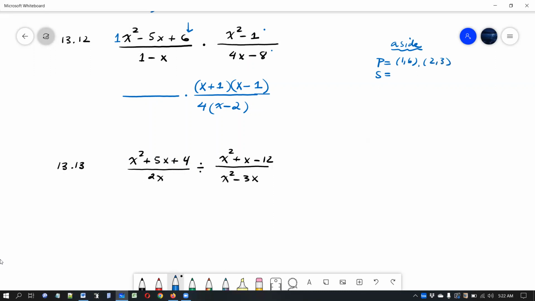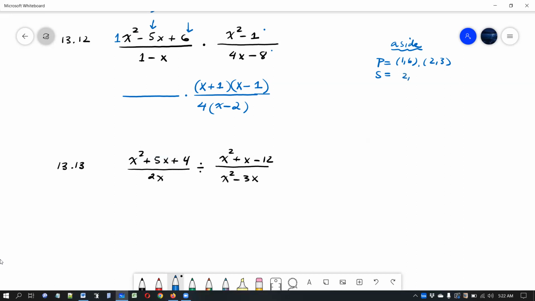Those are my two possibilities, and I don't have anything else. Now, out of these two pairs, I need one of the pairs whose sum is -5. Well, it looks like maybe I can get a -5 with 1, 6, and maybe I can get a -5 with 2, 3. So I'm not quite sure which one. So you may have to try them both.